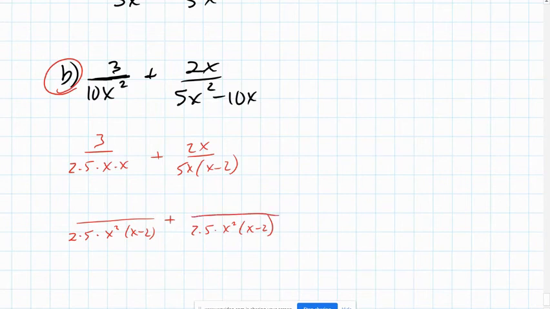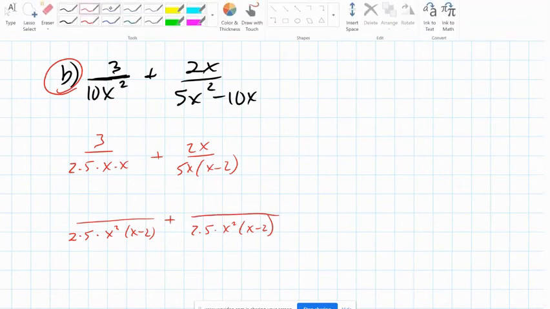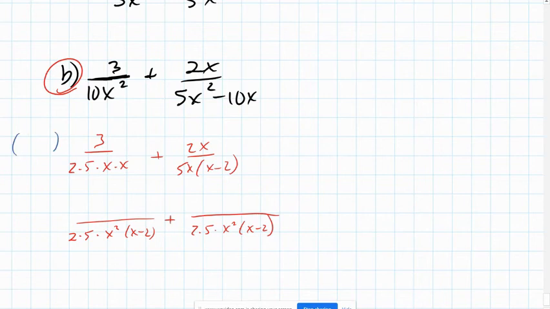Okay, and so to get that common denominator, we would have to multiply this one by, let's see, what's missing. We have all of this here already, so the only thing that's missing is the x minus 2. So we're going to have to multiply the top and the bottom by x minus 2.